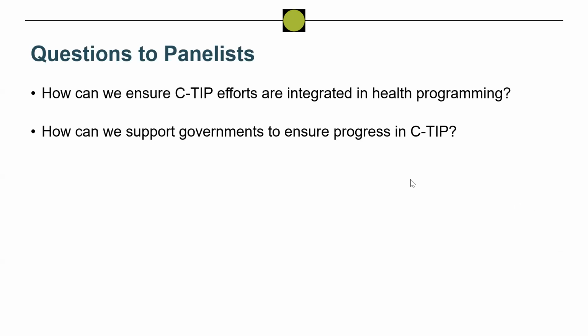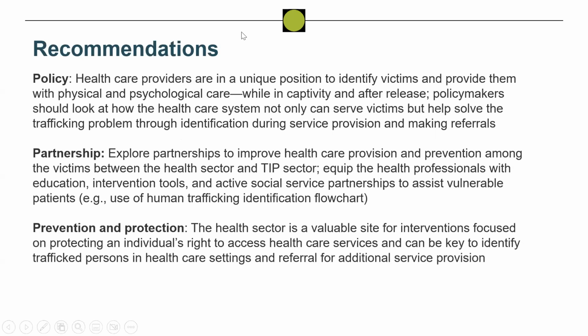Great. Thanks, Lillian. And in the interest of time, we're going to move to the final sort of recommendations. Over to you, Lillian. Quickly, I'll mention that as part of wrapping up policy, healthcare providers really are in this unique position to identify and provide for them either the physical or psychological care.